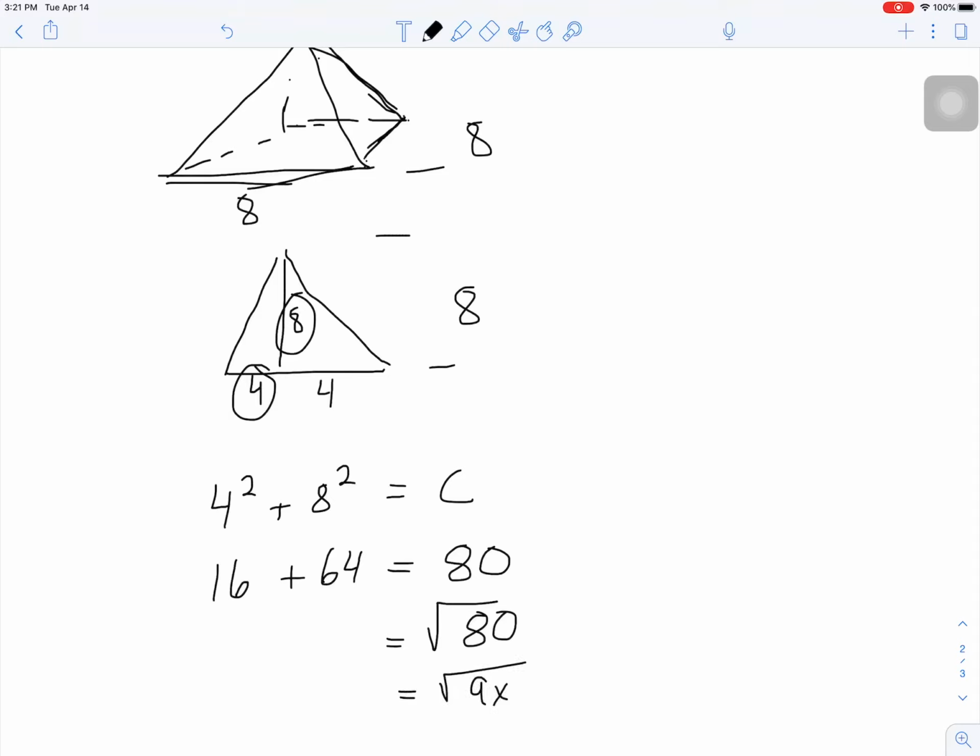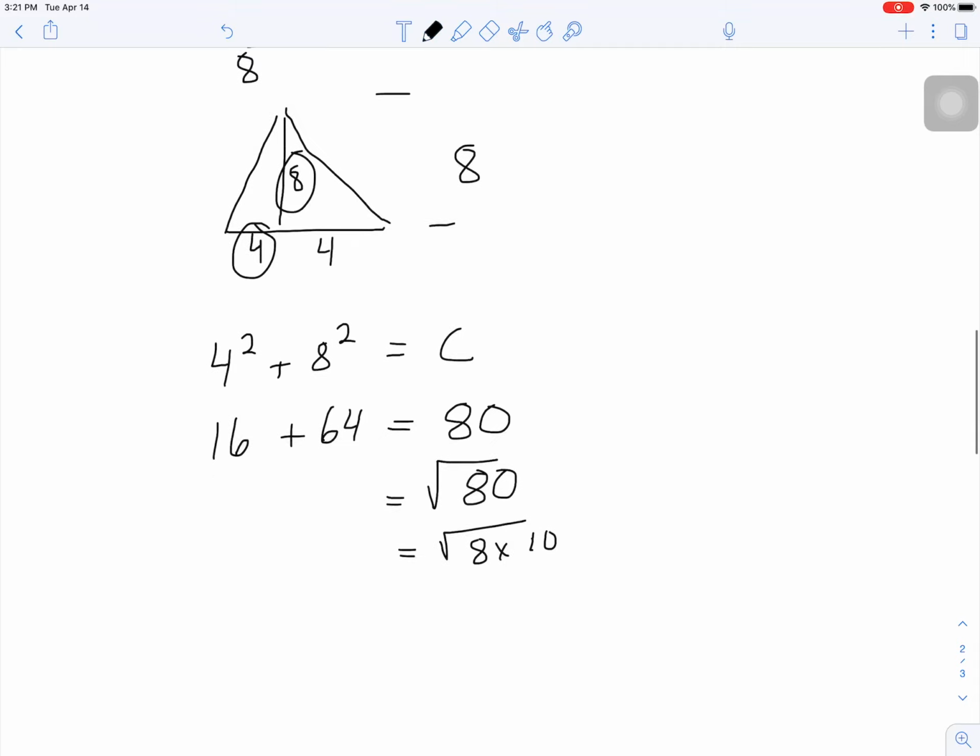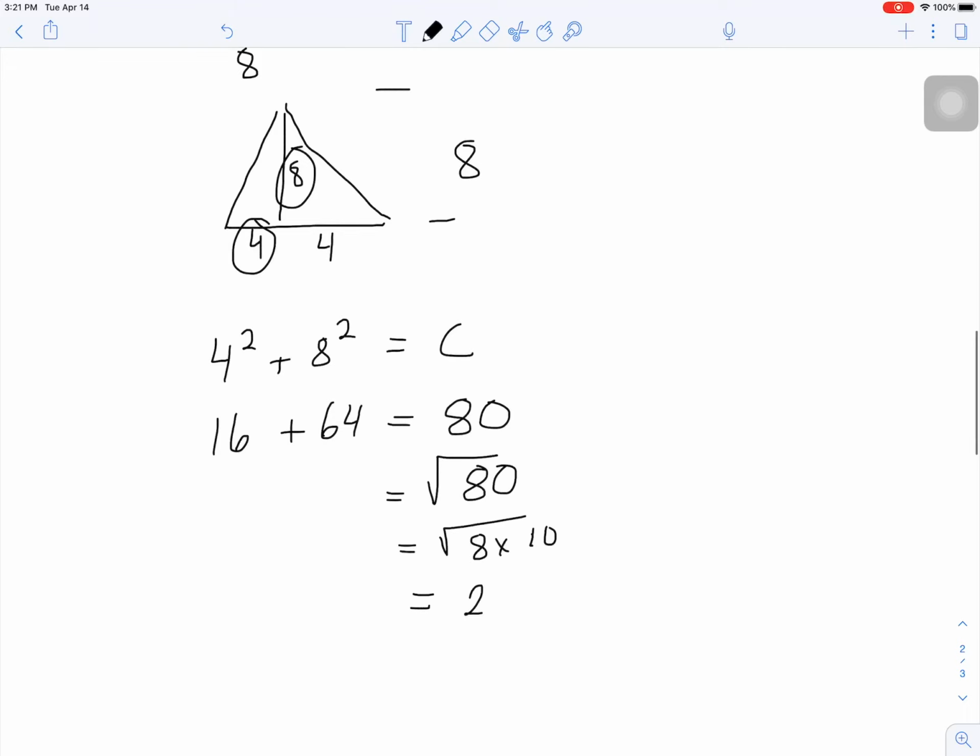What is 80 actually? Oh, sorry, let me do this right: 80 is 8 times 10, or you can break that down further.